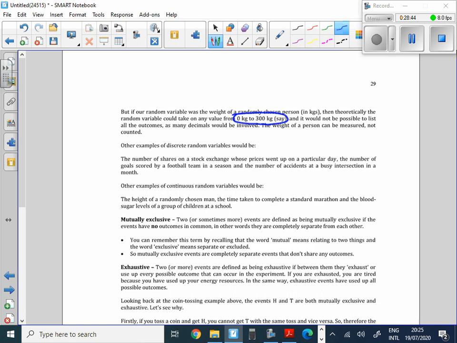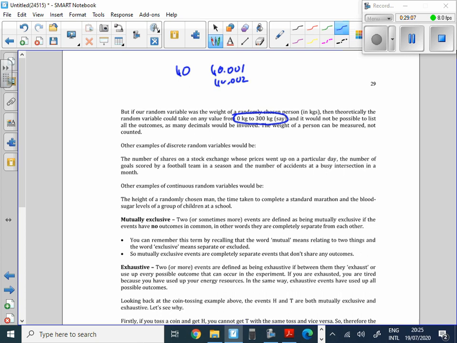Why not? Because if I pick a random person off the street, and I'm trying to guess what his weight will be, let's say no man can be less than, I don't know, 40 kilos. So the first guy could be 40, the second guy could be 40.001 kilos, and then 40.002.